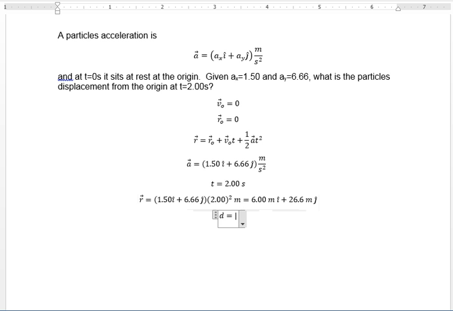This would be another equation you would need to include in your equations, right? The magnitude of r vector, which is going to be the square root of r sub x squared plus r sub y squared.